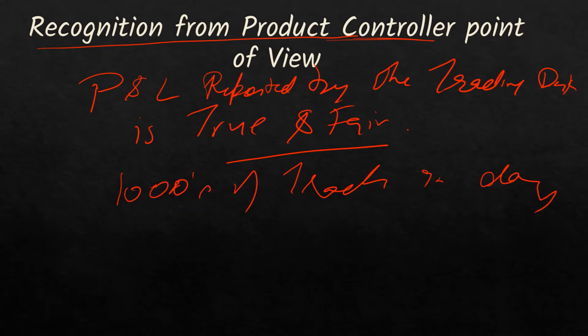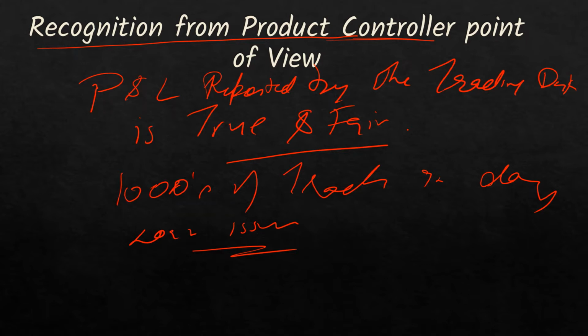Some are standard trades, vanilla trades like a loan issued, and some are structured trades, complex trades where many components are structured in a single contract. There is a derivative, a loan, a note in a single instrument. These are also trades. So the basic question is, when should we enter these trades in our books of accounts?